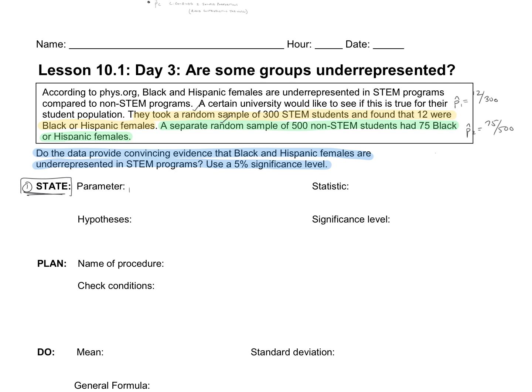My parameter is P sub 1 minus P sub 2. I have two separate proportions.